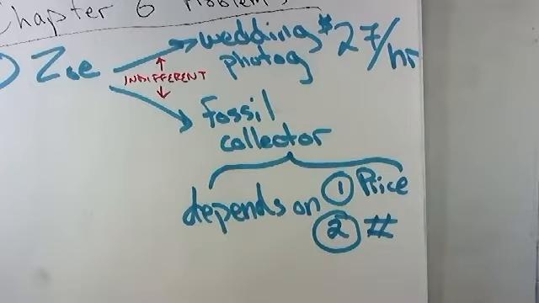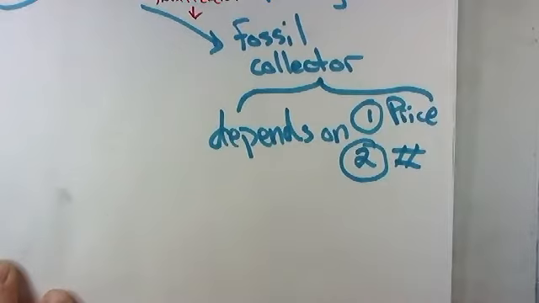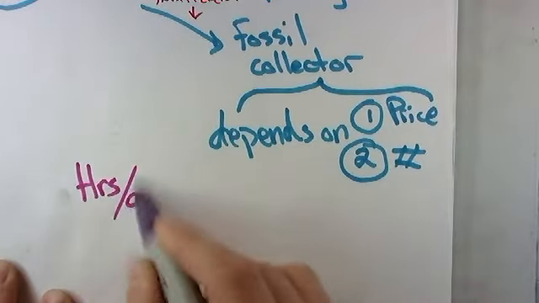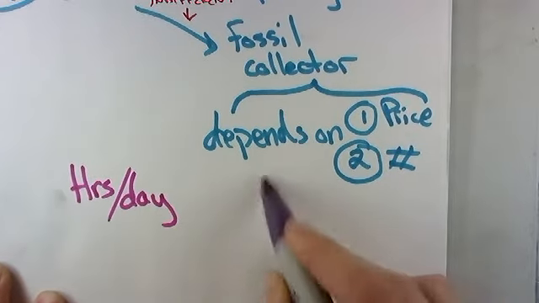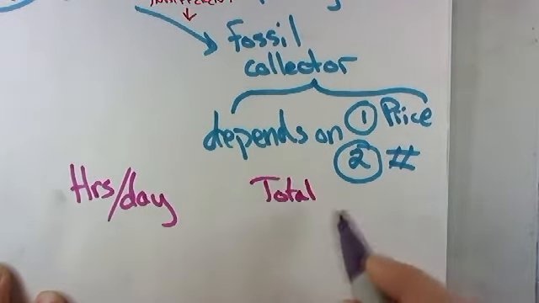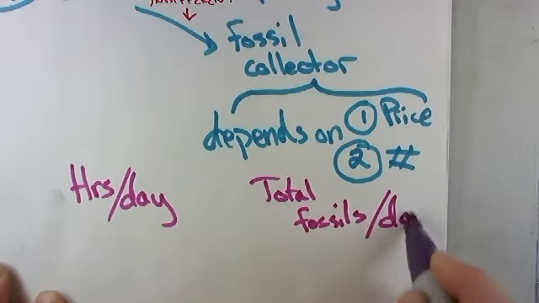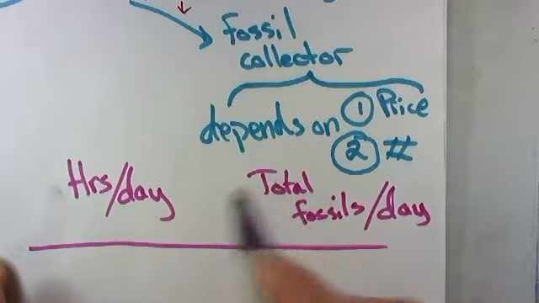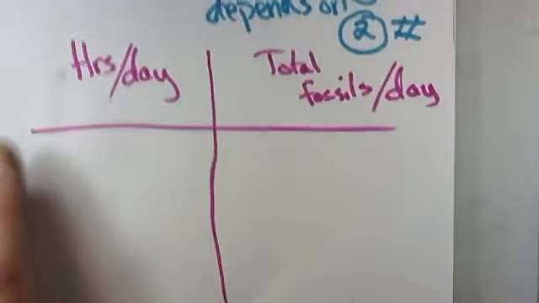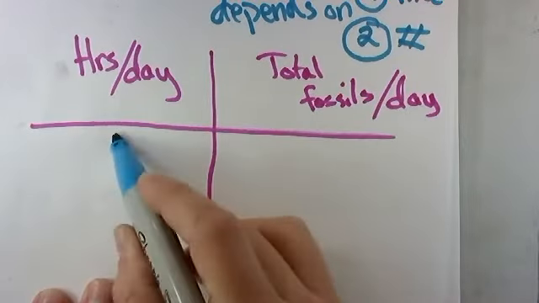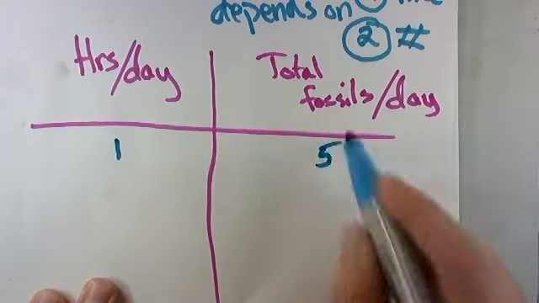And so the information that we're given is the hours per day that she spends searching for fossils and the total fossils found per day. So we're given a nice chart of that information. If she spends 1 hour, she'll find 5.